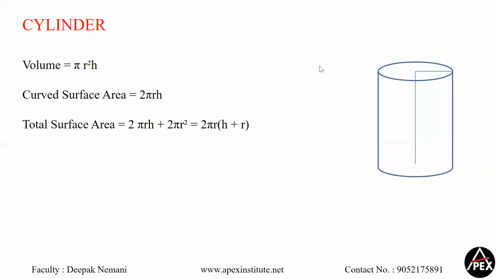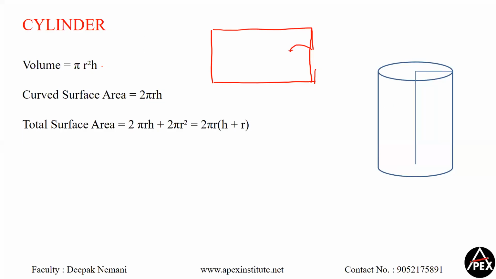Or you can consider a rectangular sheet, for example, paper. If you rotate this rectangle along its breadth, you will form a cylinder, a hollow cylinder. That is how a hollow cylinder is formed, isn't it?